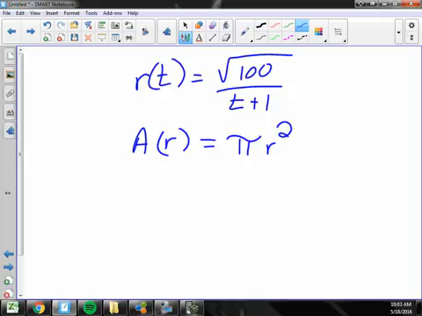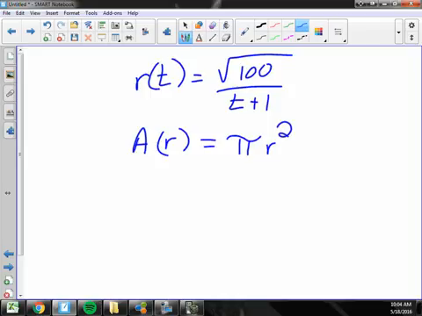This is a cancerous mole, and we're hitting it with chemotherapy to shrink it. So the size of the mole is changing over time, in days. The size of the mole in days is the square root of 100 over t plus 1, and the area of the mole is pi r squared.